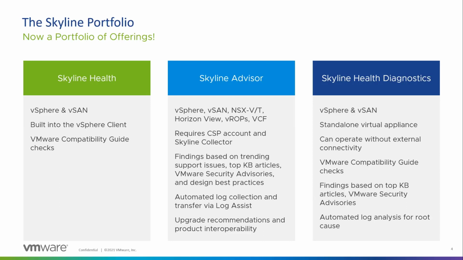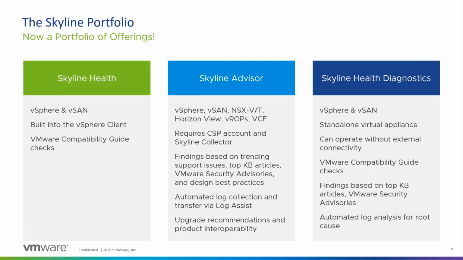Skyline Advisor here in the middle is a SaaS service that we offer and uses artificial intelligence and machine learning to help us figure out across the broader product set. So not just vSphere and vSAN, but we're also covering NSX, Horizon View, vROps, and VCF.